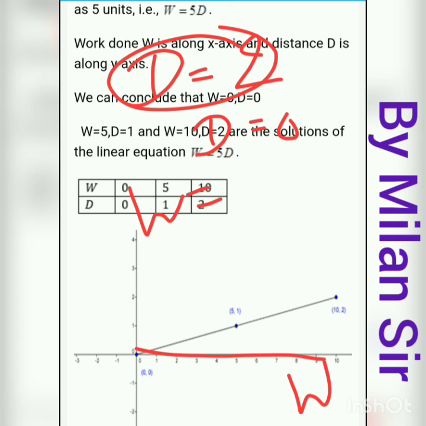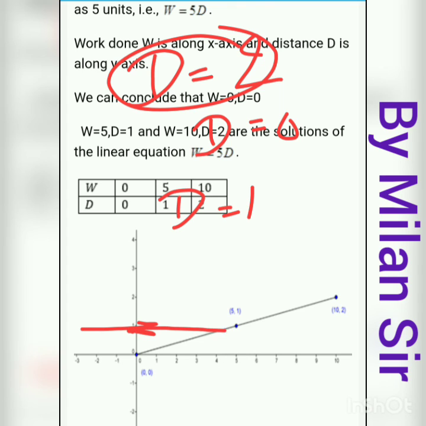Second thing, if you put D equal to 1, then you need to find the value of W. Where we have D equal to 1, here we have 1, right?